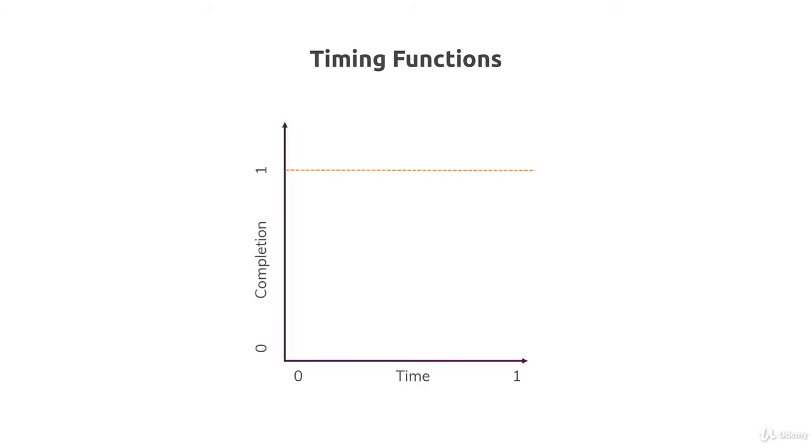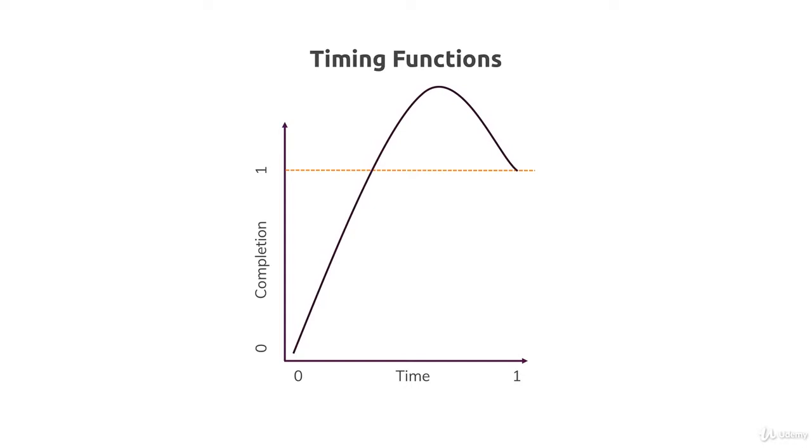Let's have a look at that strange timing function thing we saw in the last lecture. We can think of the timing or the duration of the transition as a function. At the beginning, no time passed, and the transition also has a completion state of 0%. But as we play the animation, it transitions from 0% completion to 100% over the given time.